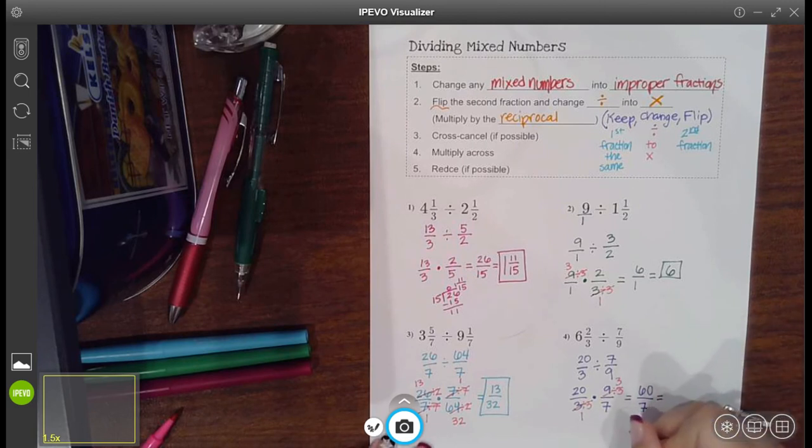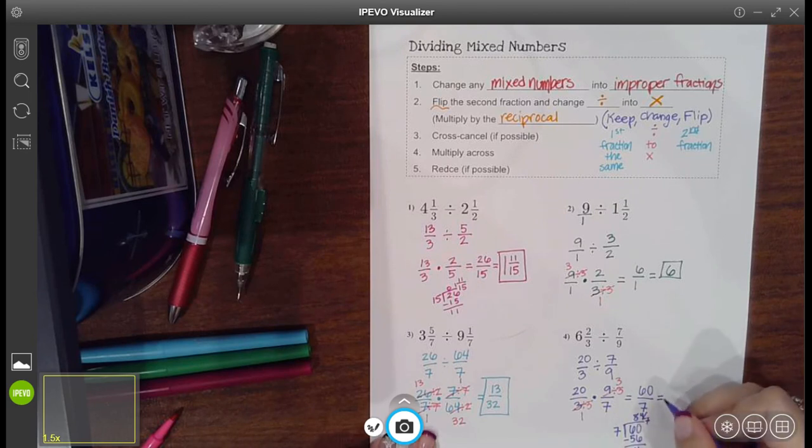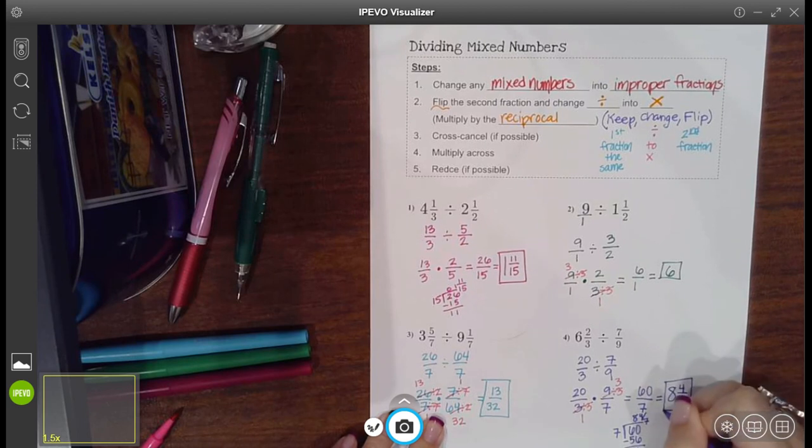So I'm going to take the top and divide it by the bottom. 7 goes into 60 8 times, because 7 times 8 is 56. When I subtract that, I get 4. So I put my remainder of 4 over what I divided by, which was 7. So 60 over 7 is the same thing as 8 and 4 sevenths. Can I reduce 4 sevenths? No. So you're done.